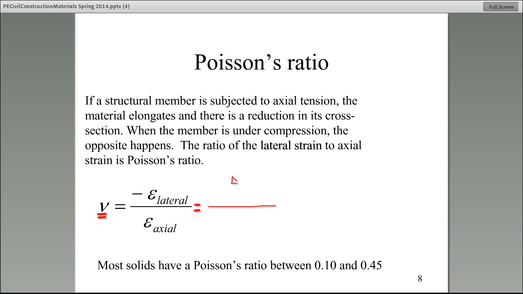Epsilon is always delta L over L. So you have delta L over L in the top and delta L over L in the bottom. All right. Of course, the top is in the lateral direction, and the bottom would be in the axial direction.